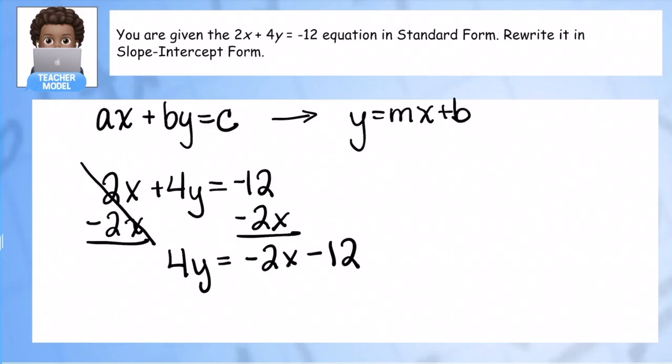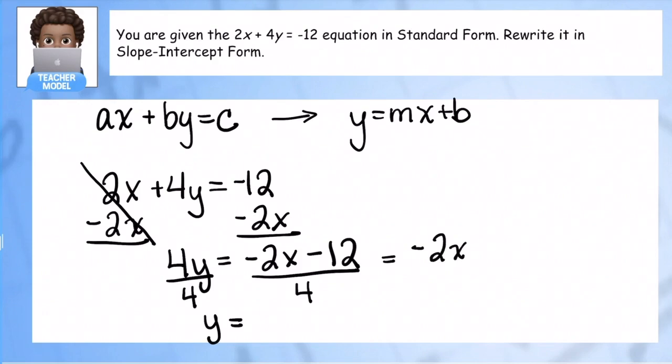And now I want to isolate the variable y, so I'm going to divide this term by 4, and this means I'm also going to divide these terms by 4. So I'm going to be left with y on one side. If it helps, let's separate this.